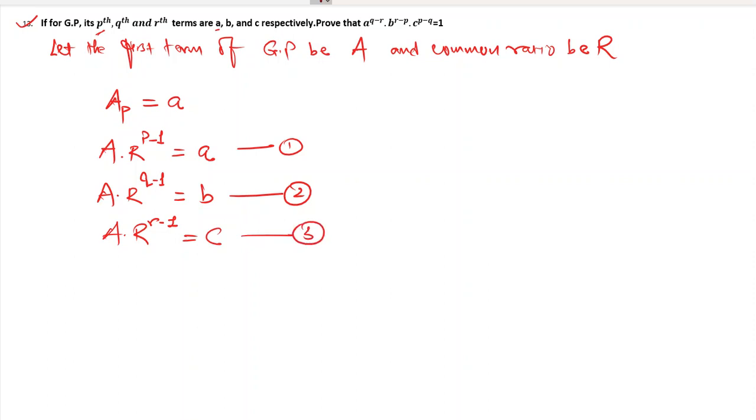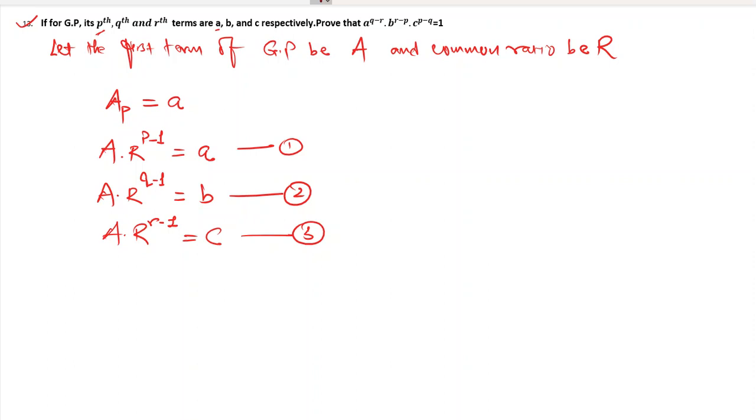These are the three given equations. We have to prove that small a raised to q minus r into small b raised to r minus p into small c raised to p minus q is equal to 1.